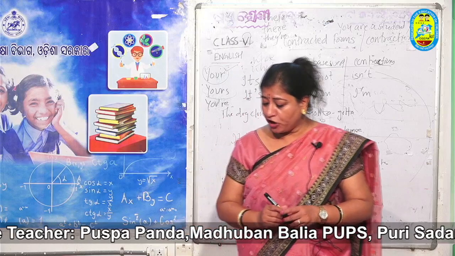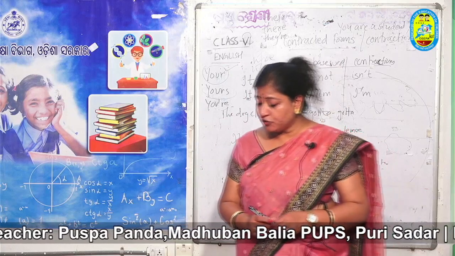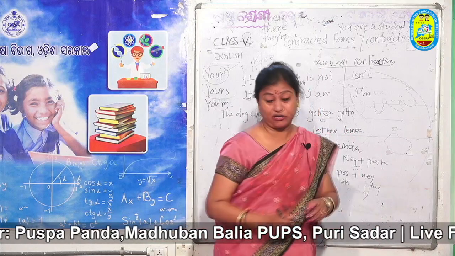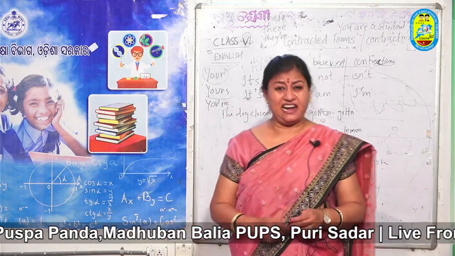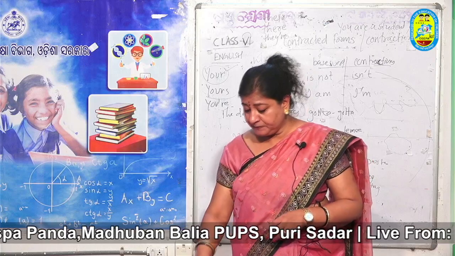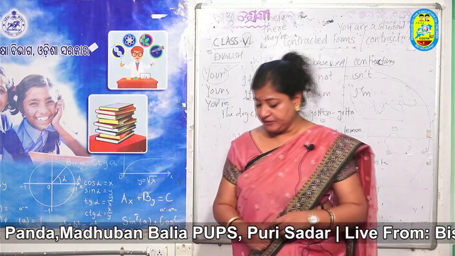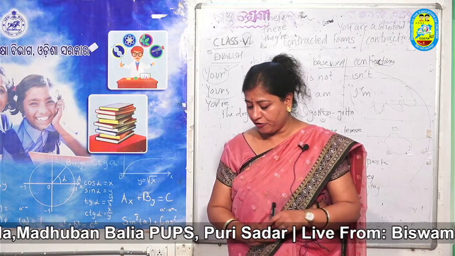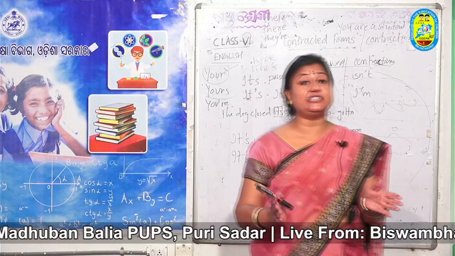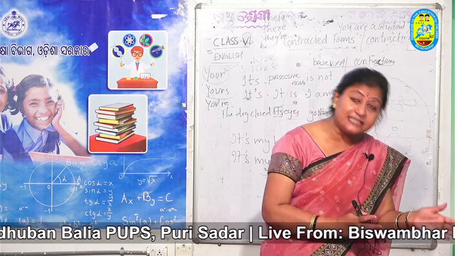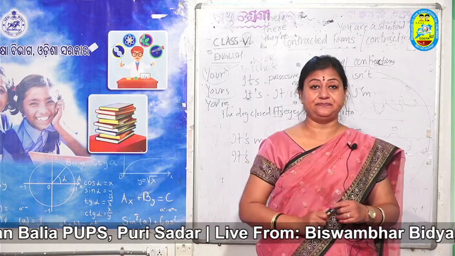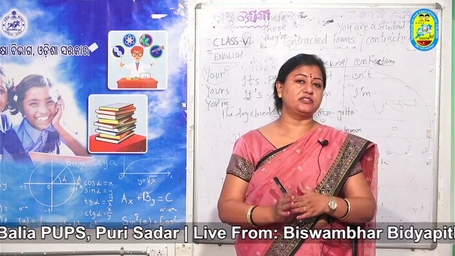For the negative tag, use a contracted form of the helping verb. You know was, is, did, had, these are all helping verbs, and not is used for negative contraction. If the sentence is positive, the tag is negative. If the sentence is negative, the tag is positive. And always pronouns are used.